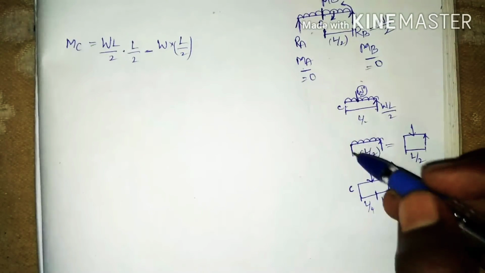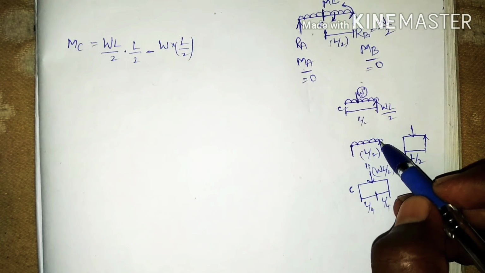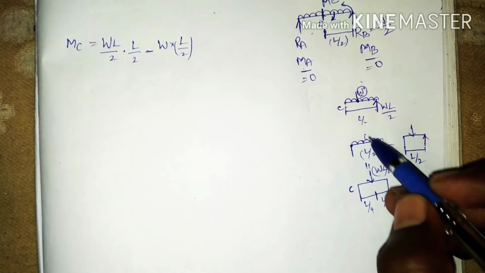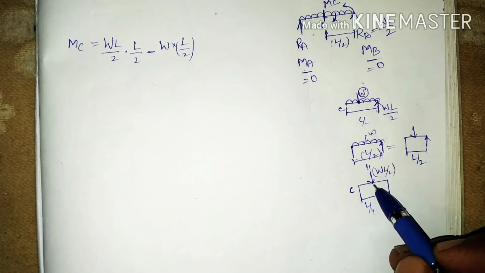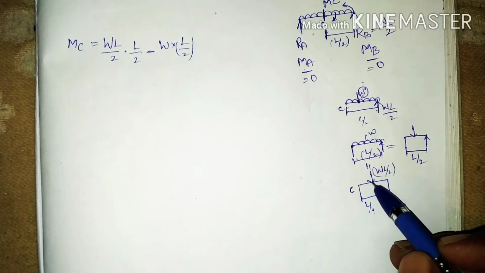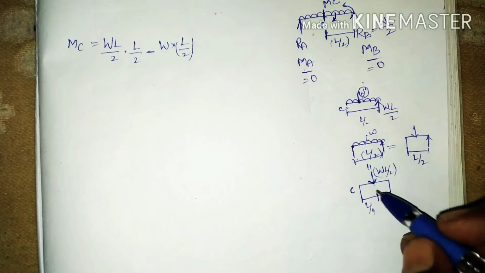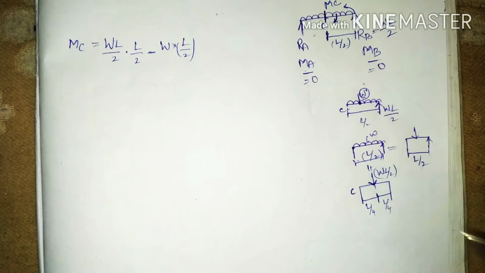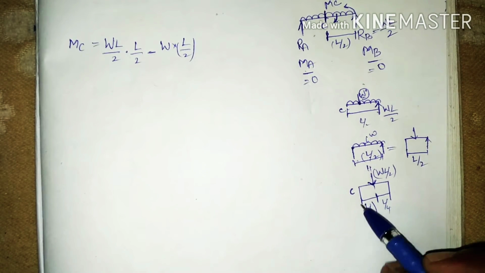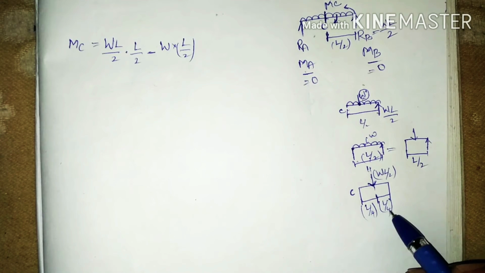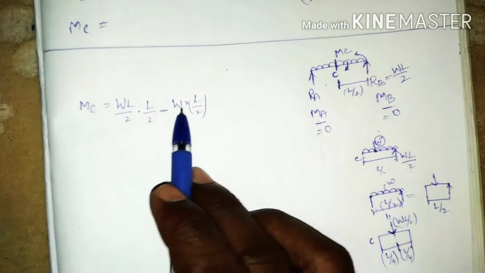Here we have a UDL. When we multiply the W kilonewton with the span L by 2, it converts to a point load. When it is converted to a point load, it is placed at the center of the span. That L by 2 is divided one more time as L by 4 and L by 4. That is equal to W into L by 2.